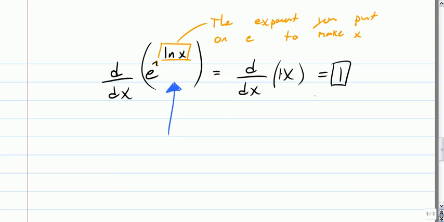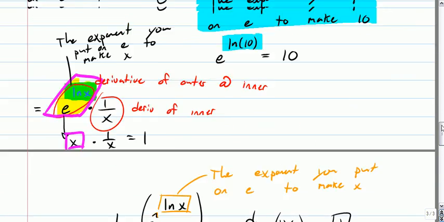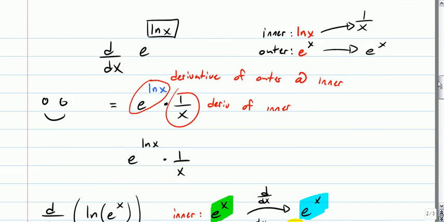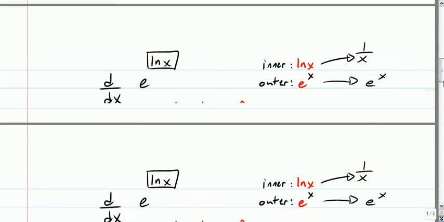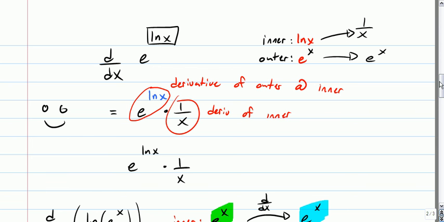Cool. So there's something neat with natural log of x and e to the x. The whole point of that was I started you with a composition. It was a little tricky, right? The inner was natural log of x. The outer was e to the x.